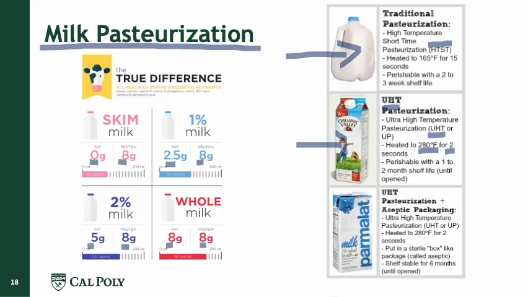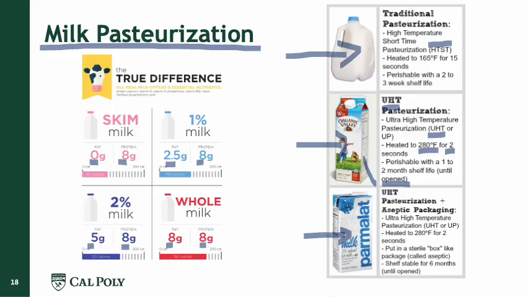And then it's cooled down and packaged in this type of container. And the shelf life is between 1 and 2 months, so it has a longer shelf life until opened, of course.